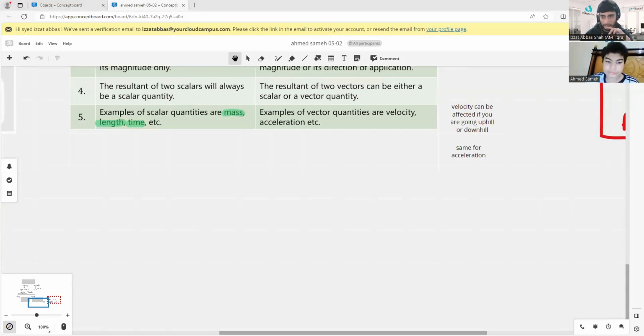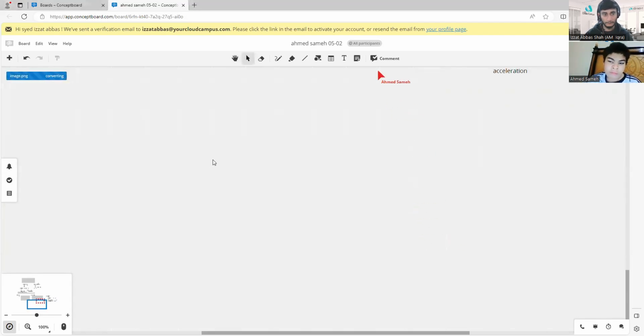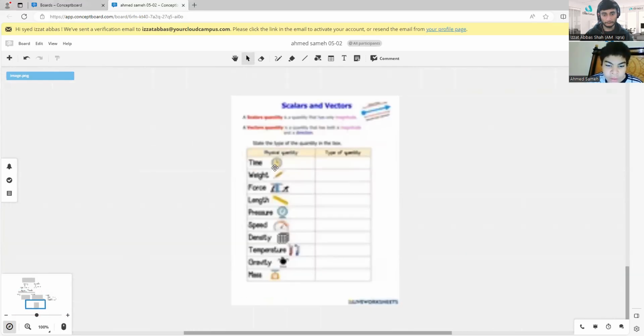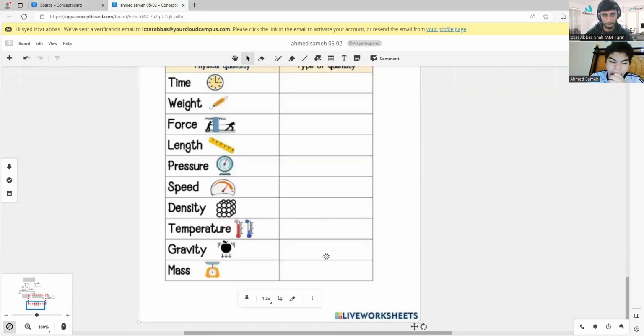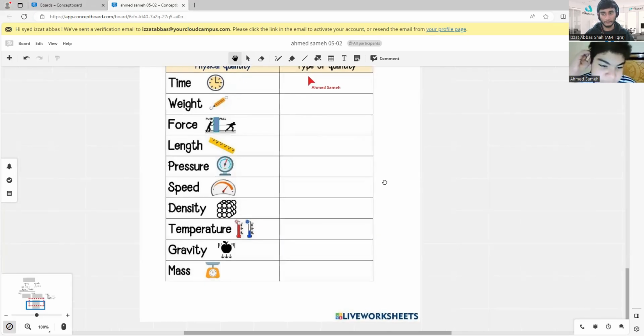Okay, now you have to find here whether these are vector or scalar. Right, can I just write S or V? S or V?